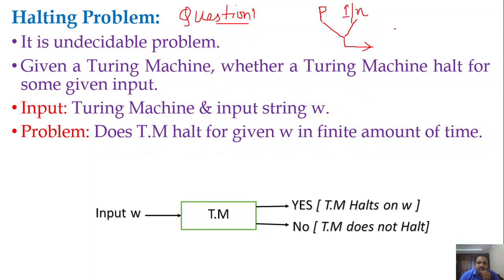Consider that you are given a program and an input. You need to tell whether that program halts or enters into an infinite loop. This is the question which we consider the halting problem.